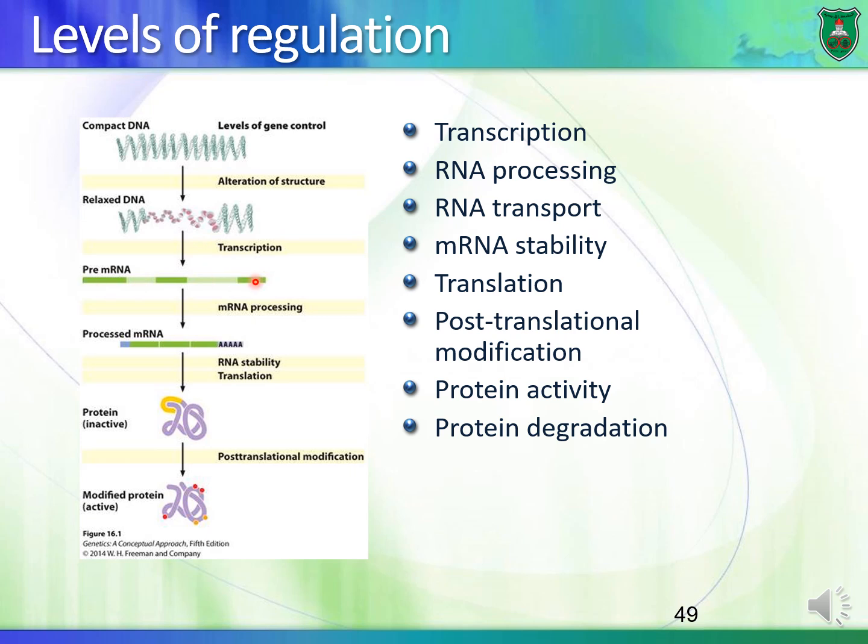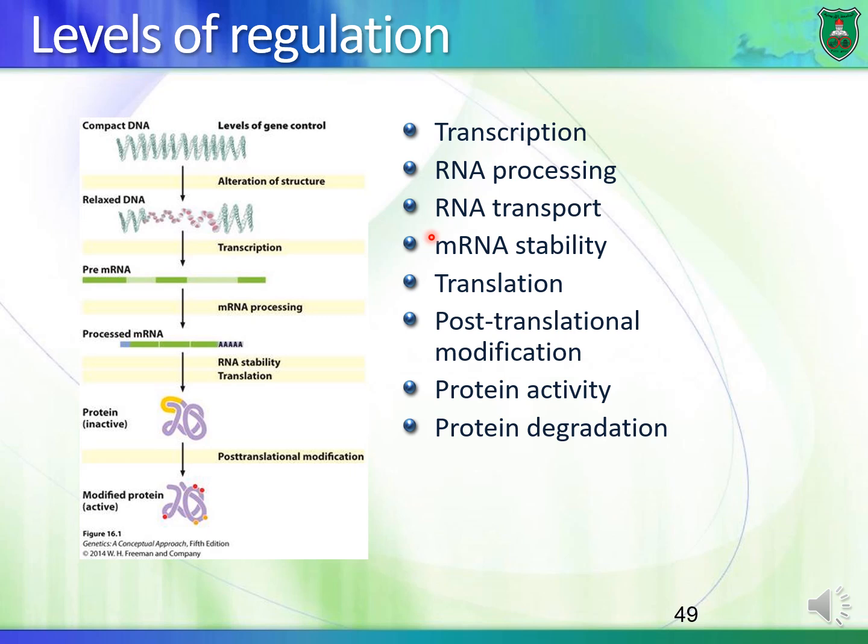Now we have another level of regulation, that is RNA processing as well. Okay, splicing, for example, and so on. So we have synthesis of the mature messenger RNA. We talked about RNA transport as well. Okay, getting RNA from the nucleus to the cytosol.